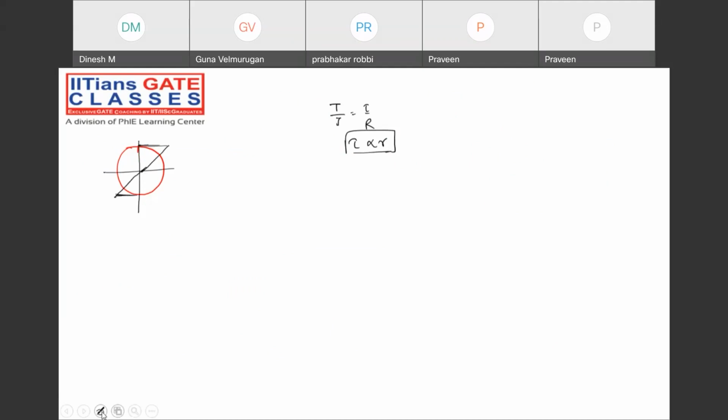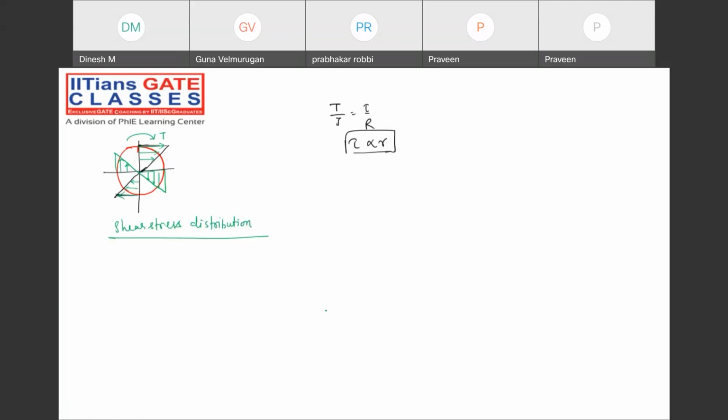The distribution is going to take the shape something like this. Please note down, very important figure. Note down, guys. The shear stress distribution will look something like this.